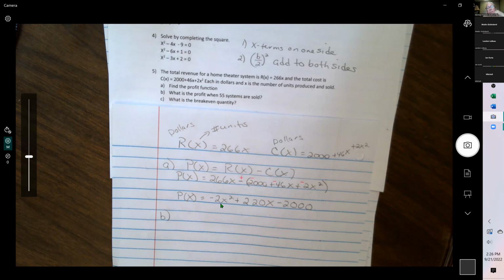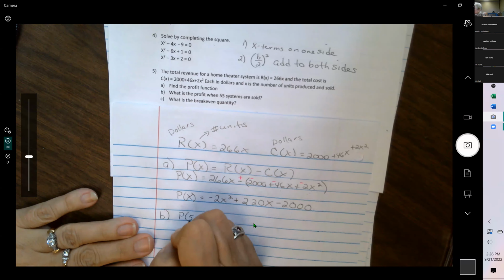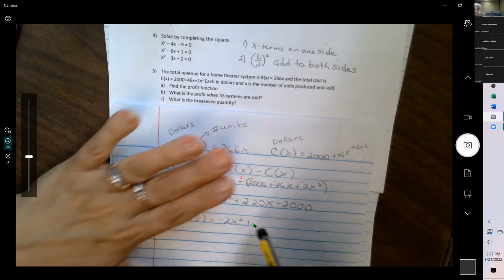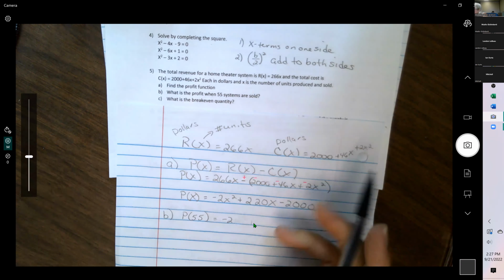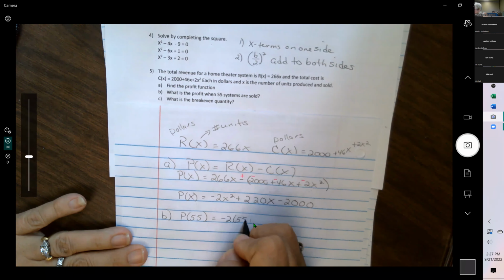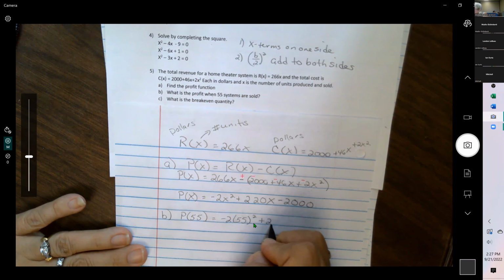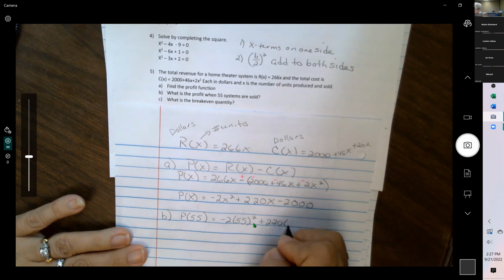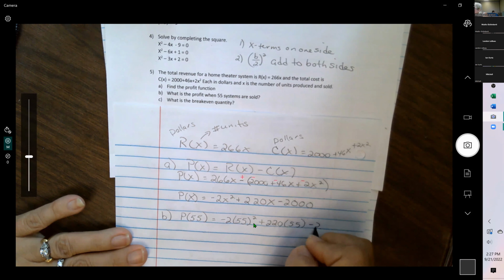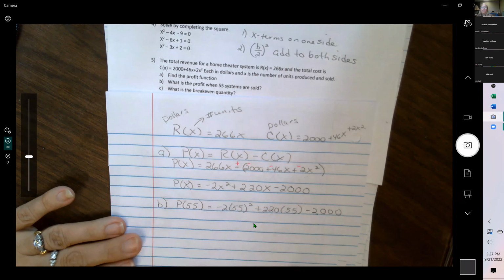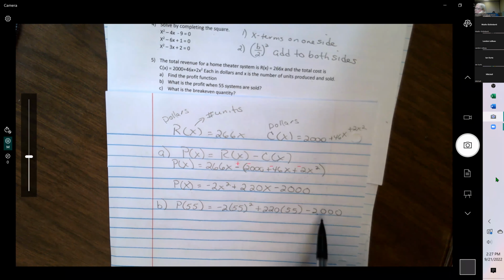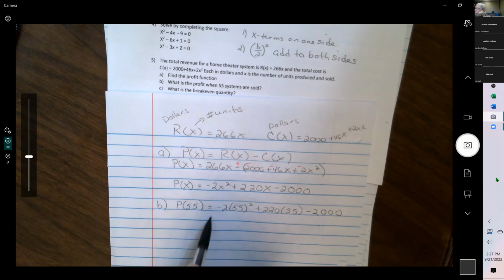So we're plugging 55 in for X. So we plugged the 55 in for X because we wanted to know what the profit is.